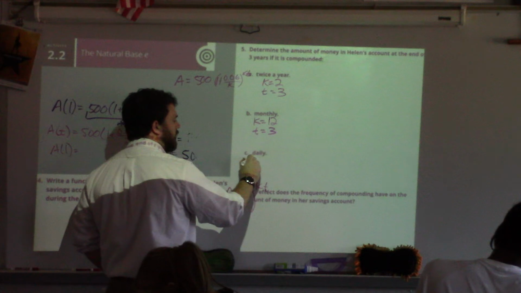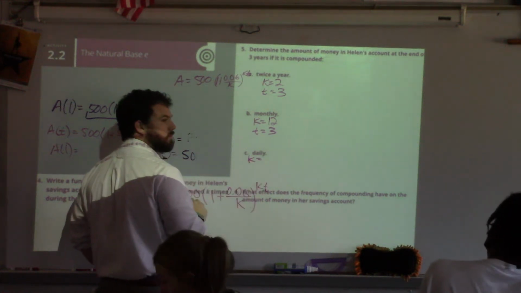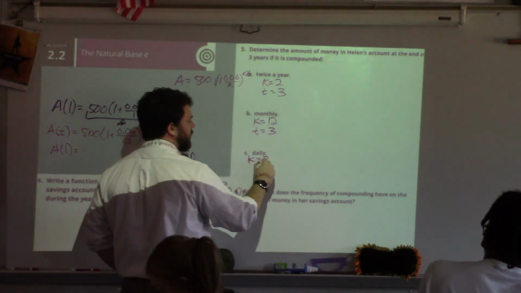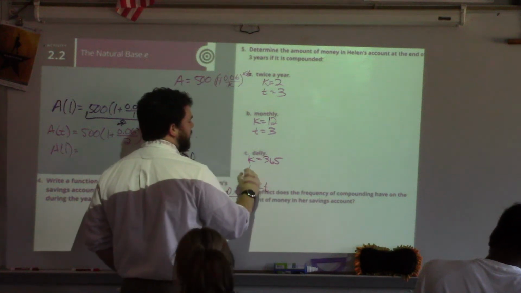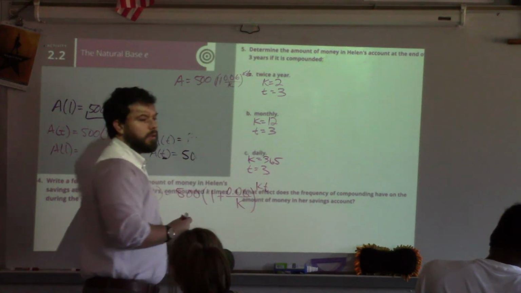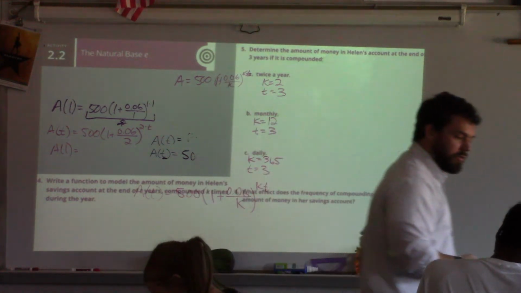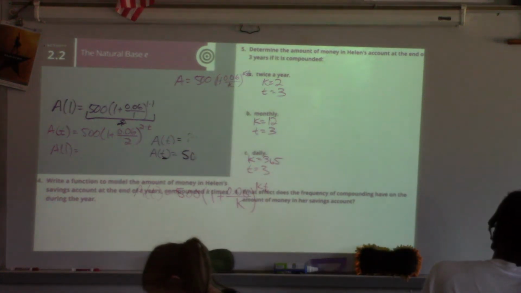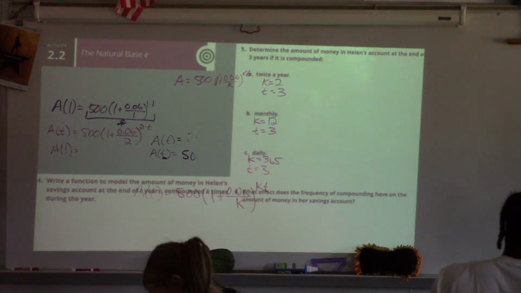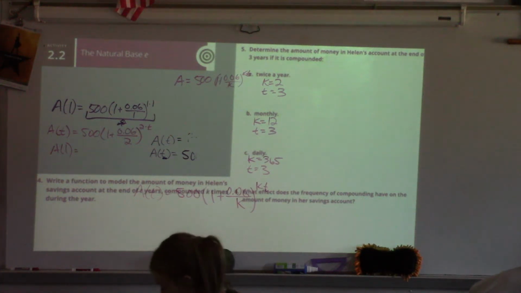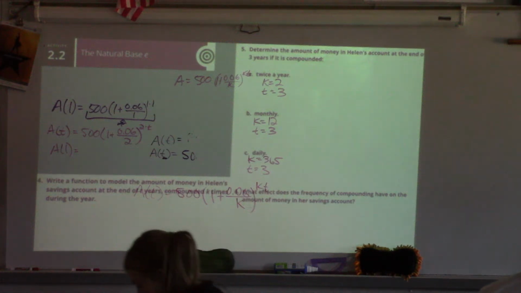If it's daily, k is 365. t is 3. Plug those numbers into your calculator and figure out what each of those will be. We'll talk about it in just a second. Remember, you can always scroll up to the previous thing and hit enter to bring it down, so you only have to change a couple of details each time.